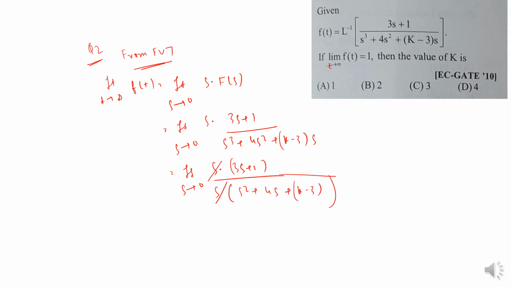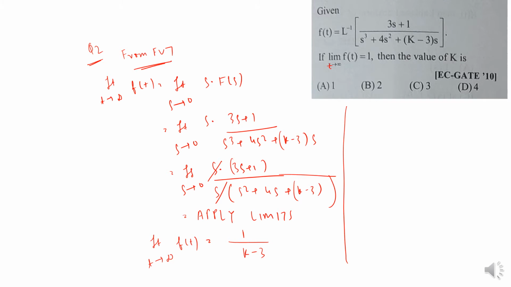Now we can cancel these two s out. Now apply limits. What happens? We get 1 by (k minus 3). So limit t tends to infinity f of t is equal to 1 by (k minus 3).